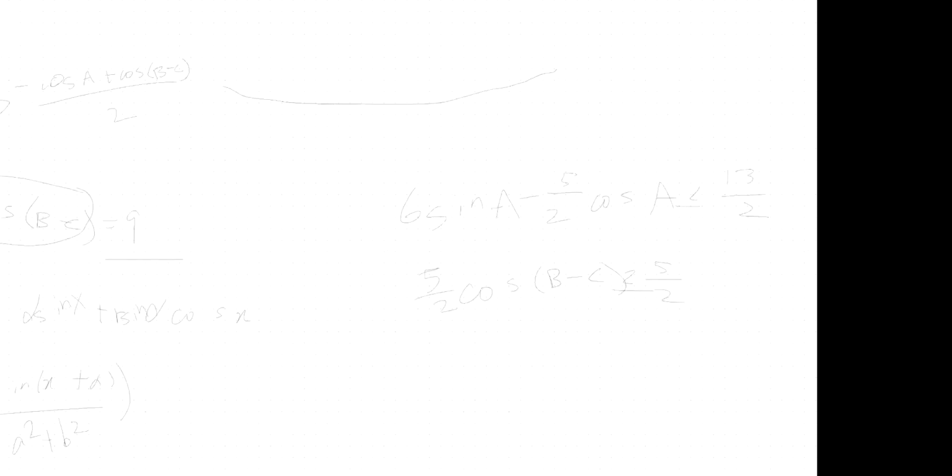They have to add to 9, and that requires that both of these values be at their max. So this has to be equal to 5 over 2, and this has to be equal to 13 over 2. And from this, we know that cosine of (B minus C) has to be equal to 1.